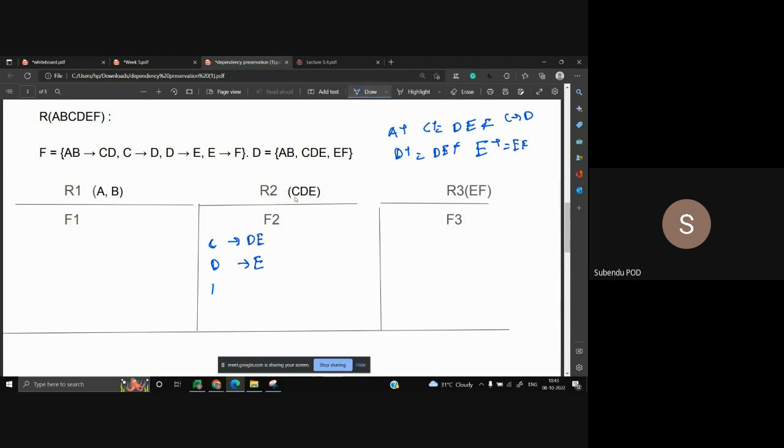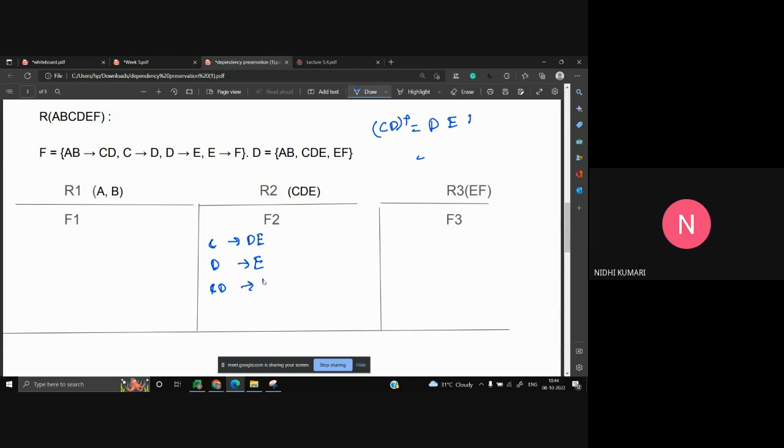Now you have to take the combination of two attributes, CD. So you have to find the CD closure. What will we get for CD? D, E, F. So CD determines only DE.